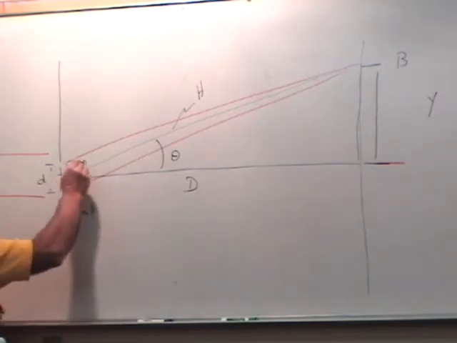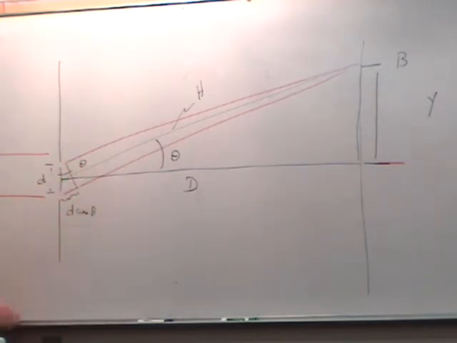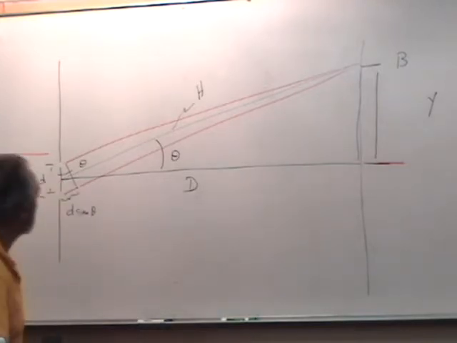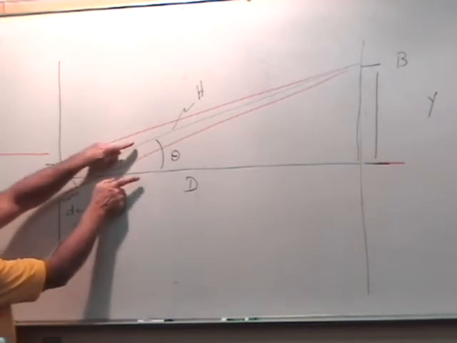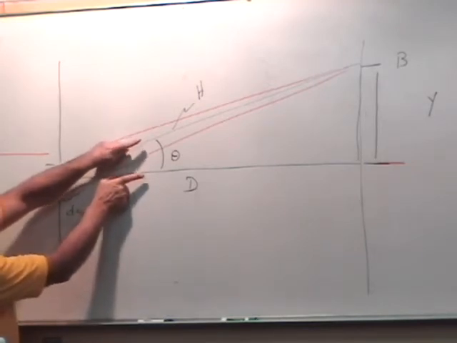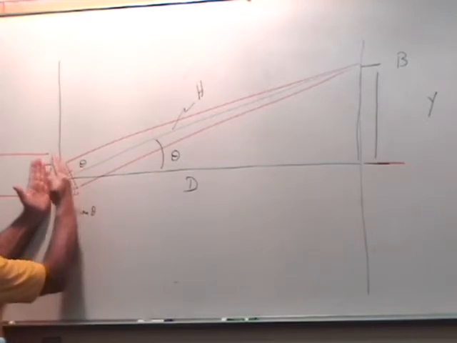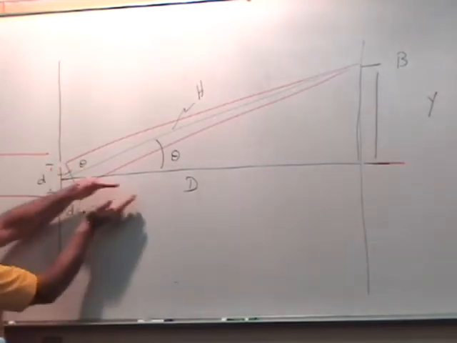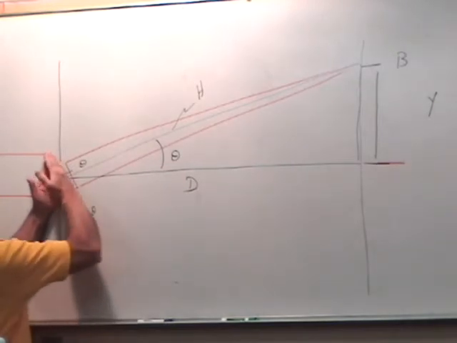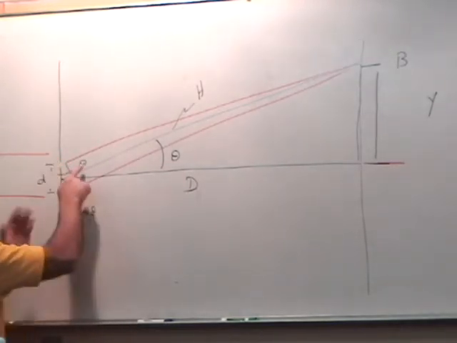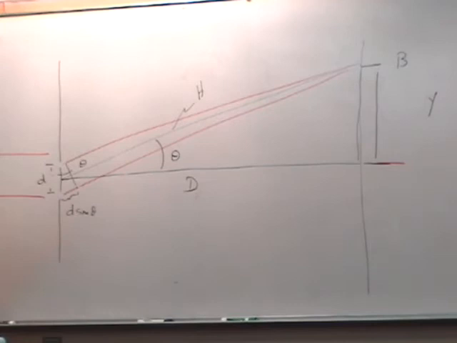And if you don't believe that this is theta, imagine, as I allow this angle theta to close down to 0, that of course is going to close down to 0 also. Or rather, if I generate angle theta here, that's going to simultaneously generate angle theta right in here. So this angle is the same as that angle. The optical path length difference is simply d sine theta. That describes the path length difference.